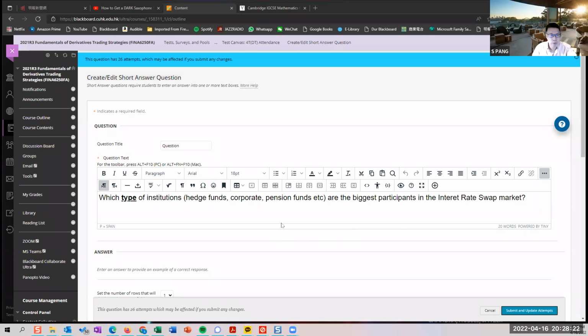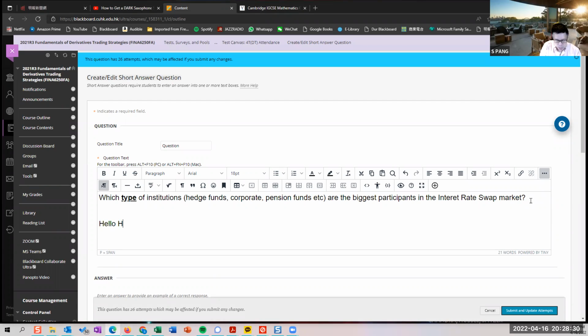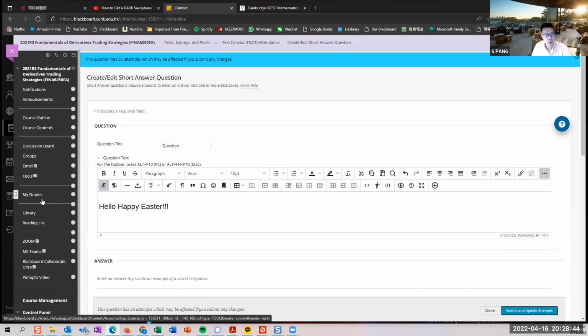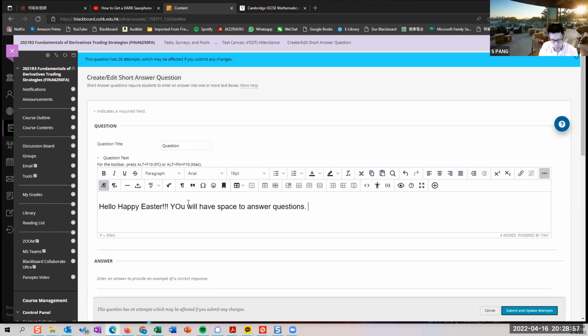But since you did, what you now see is just some space. Can you see what I'm typing? Yes. What am I typing? What did I just say? Happy Easter. Yeah. Now let's say, when you are doing the exam, it will be like this, and you will have space to answer questions.